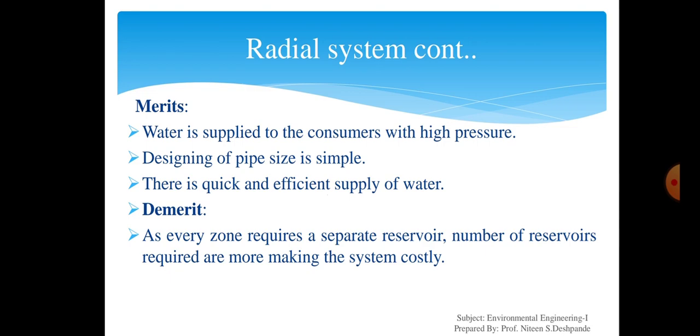And there are some methods for calculating the design capacity of the reservoir. One is the graphical method, and another is the analytical method. That also we are going to see in the next lecture, with an exercise of one numerical that we will solve.